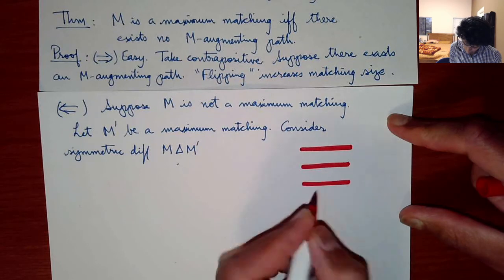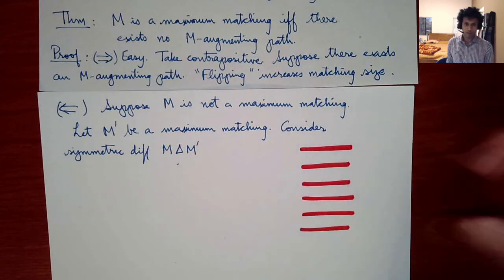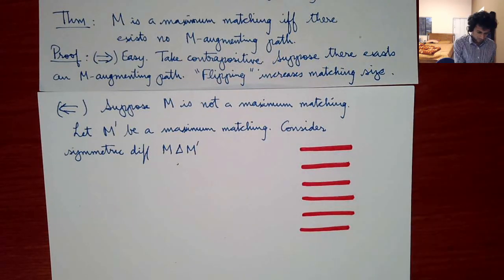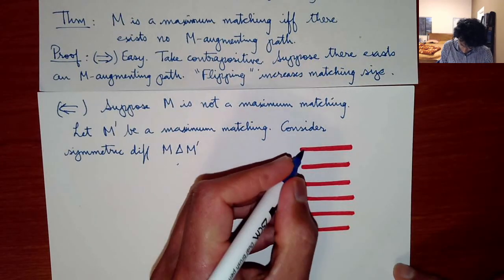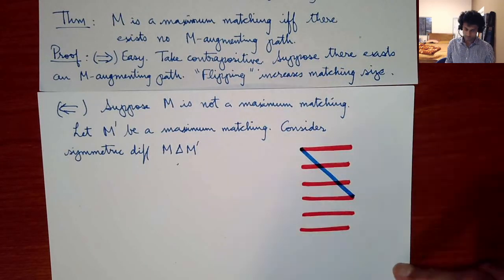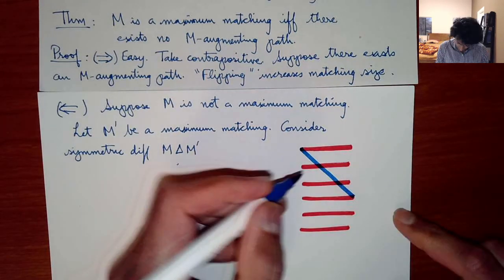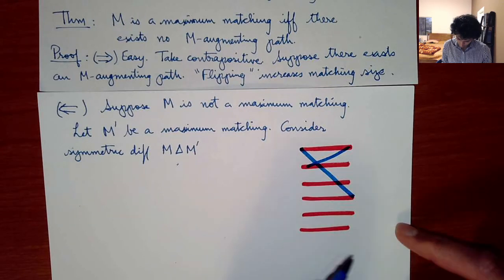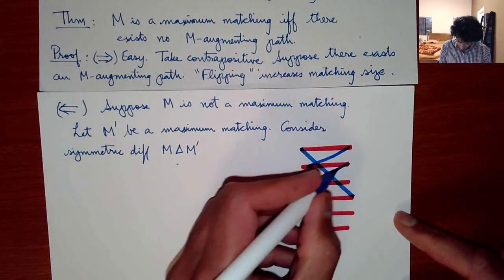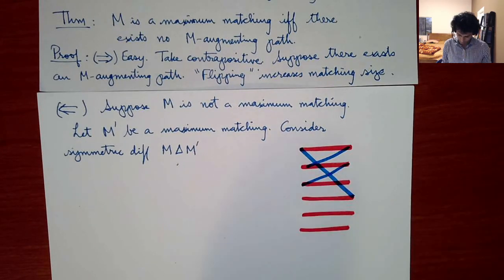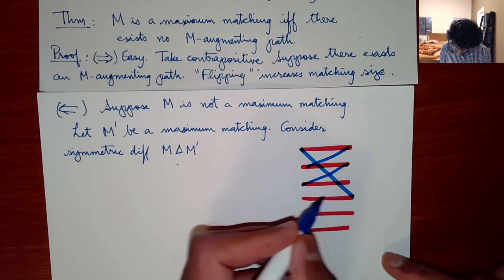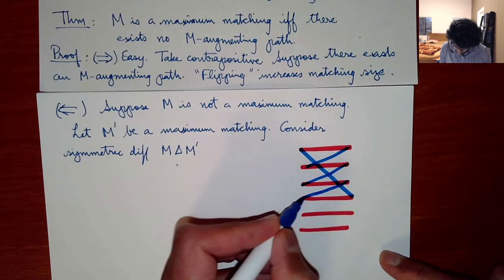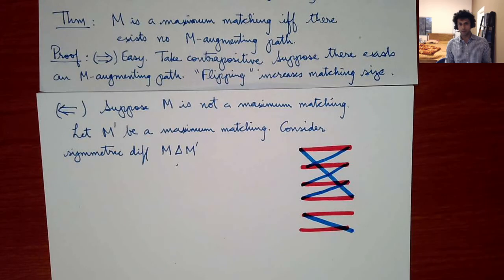So here's the red matching. I'm going to draw the blue matching here. Okay, match this over there. I'll match this over there. Match this there. So here I have two matchings.